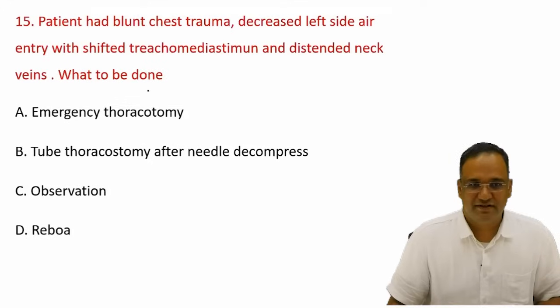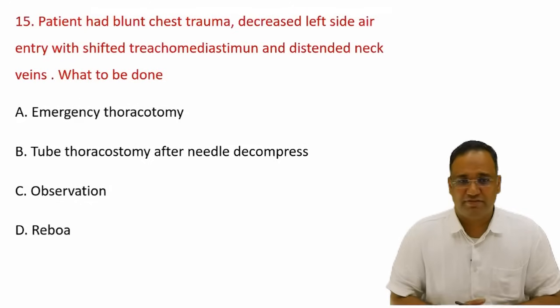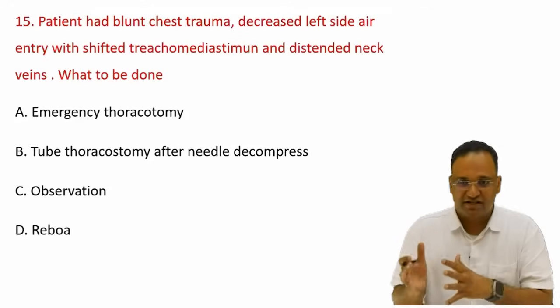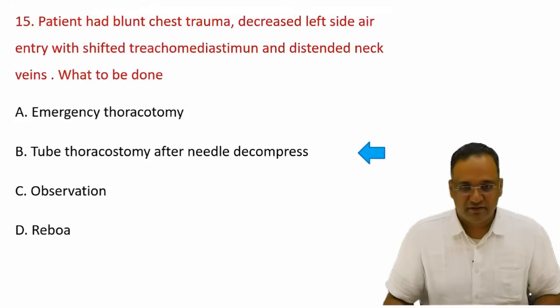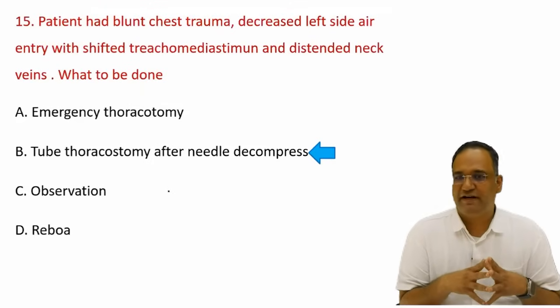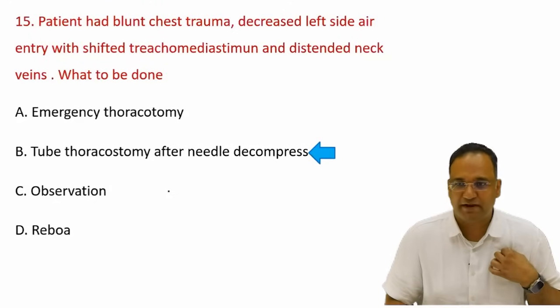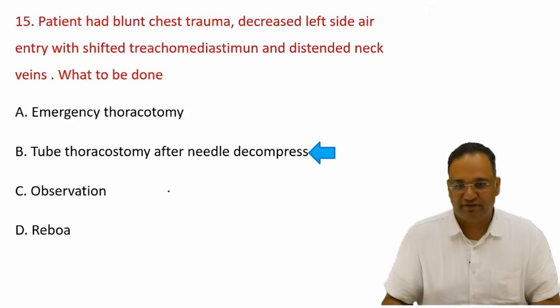A patient had a blunt chest trauma, decreased left side air entry with shifted trachea and mediastinum, distended neck veins. What is to be done? So, blunt chest injury, I think it could be a pneumothorax, and there is a tracheal shift, mediastinal shift. Typically a case of tension pneumothorax. Put a wide bore needle in the second intercostal space towards the apex, then put the tube thoracostomy in the triangle of safety.